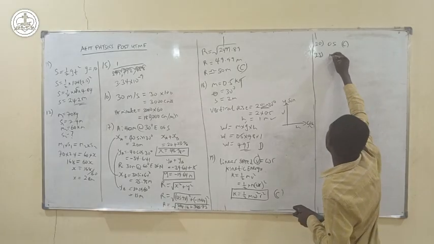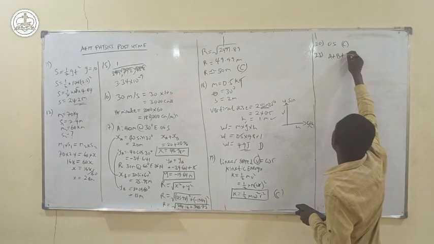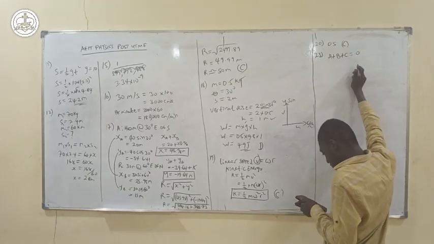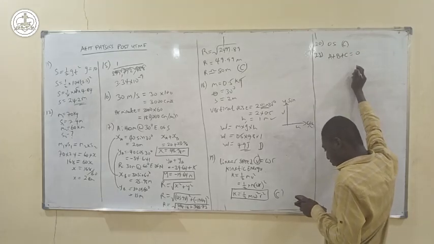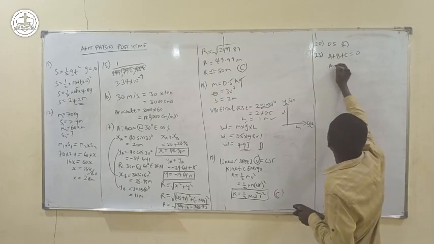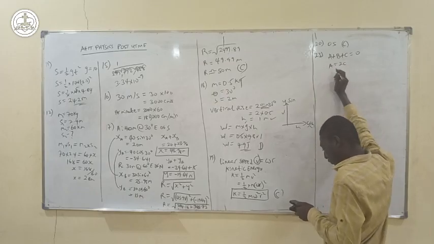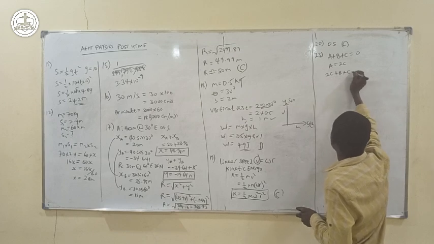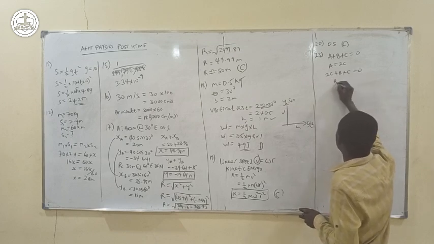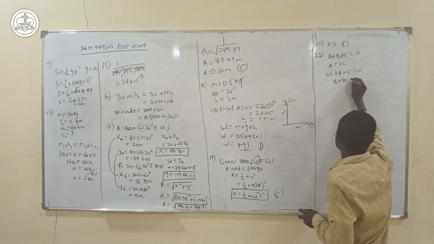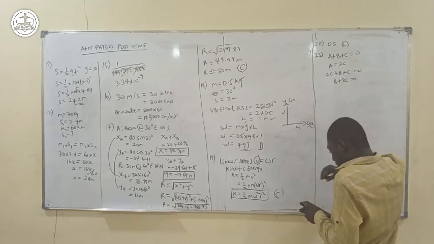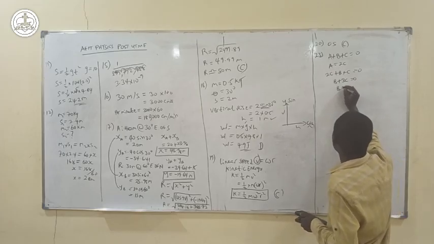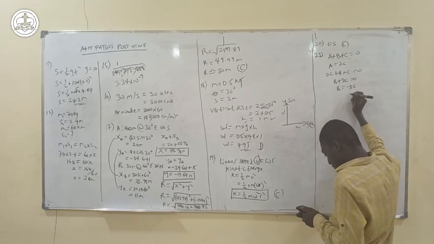From a plus b plus c is equal to 0, substitute a is equal to 2c. What do you have? You're going to have 2c plus b plus c is equal to 0. So b plus 3c is equal to 0 and b is equal to minus 3c.